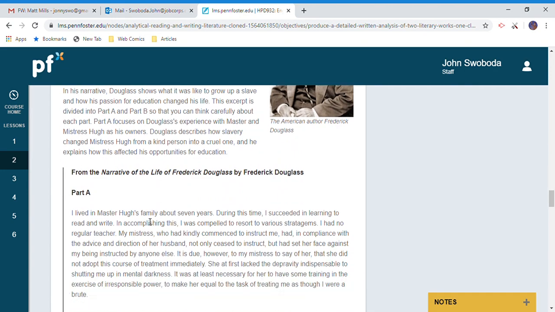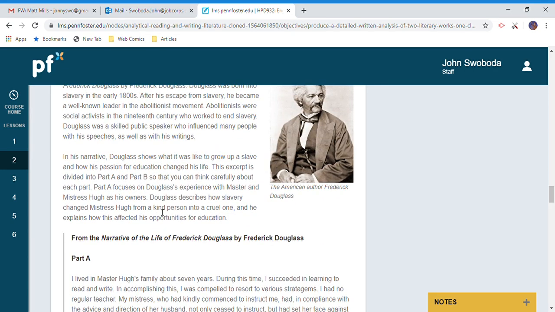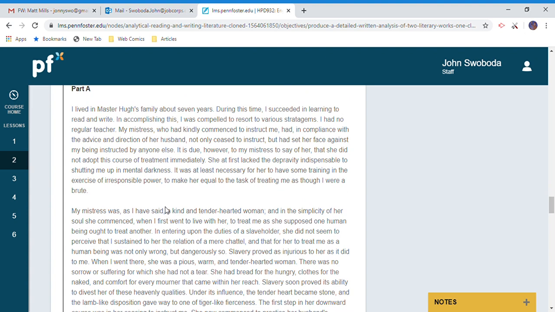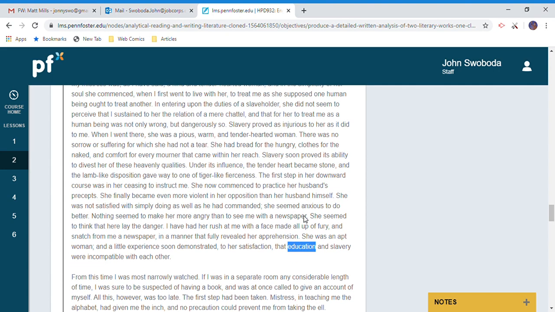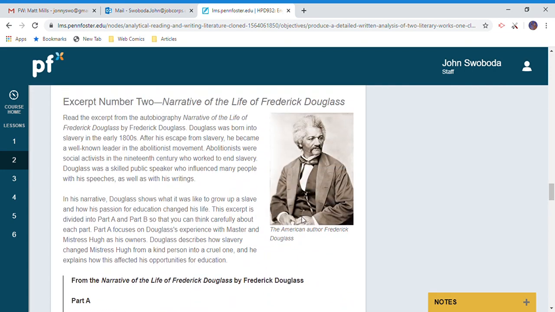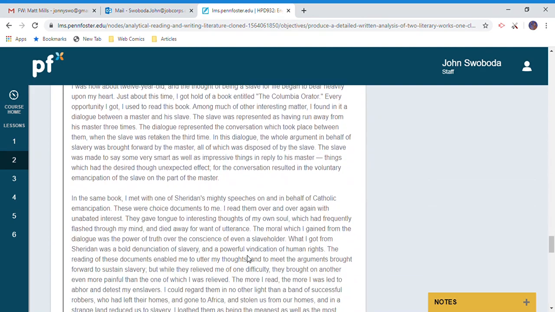Frederick Douglass is looking at it from as far away from freedom as you can get, born into slavery. And education and slavery were incompatible with each other. So the American dream for him is education. Being able to read and write and speak publicly, and being free to learn.